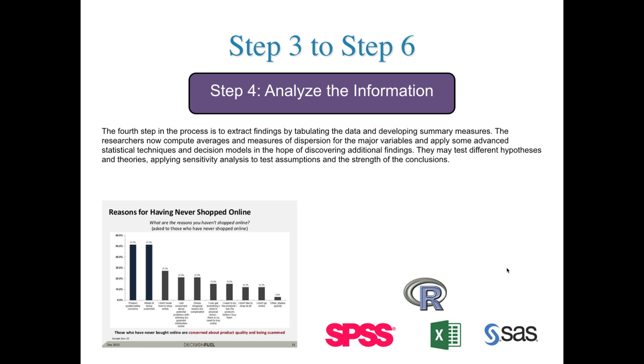Averages are something that you will do that are important. Also, sometimes percentages or measures of dispersion for major variables. Dispersion would mean, in a multiple choice question, how many people answered A, how many people answered B. You'll do that type of thing with a pivot table.